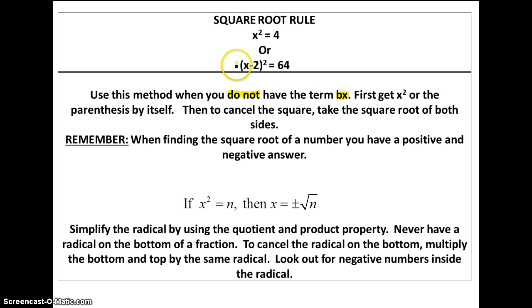Or you might have a parentheses squared, meaning a binomial squared. We talked about binomial squares when we factored. So you can have a binomial squared, or you are missing the b term. Notice we have x squared with a number. You can pause the video and read the steps.